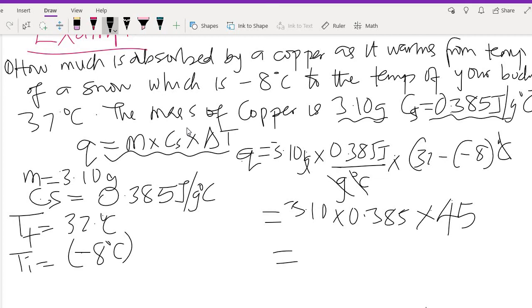If we plug this into our calculator, it gives us 53.7 joules. That is how we find the amount of heat absorbed by the copper.